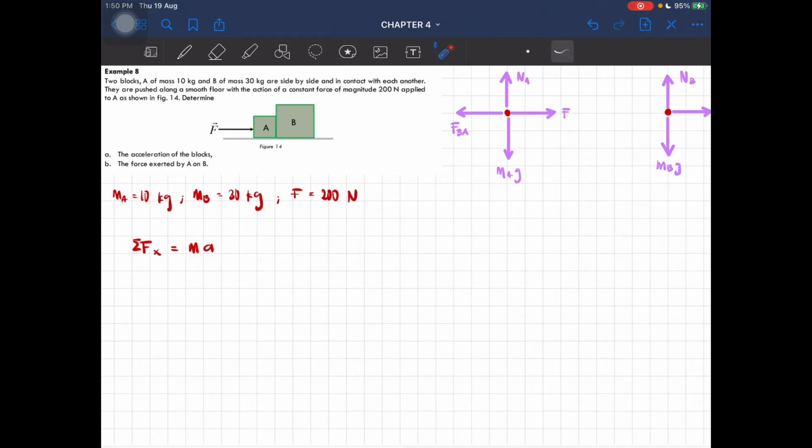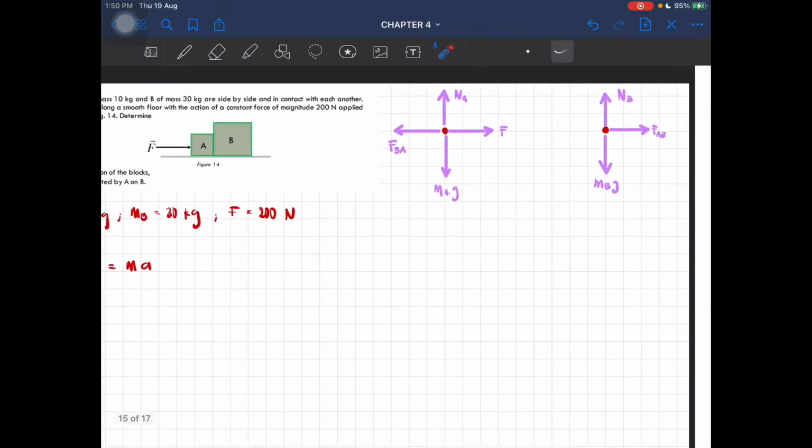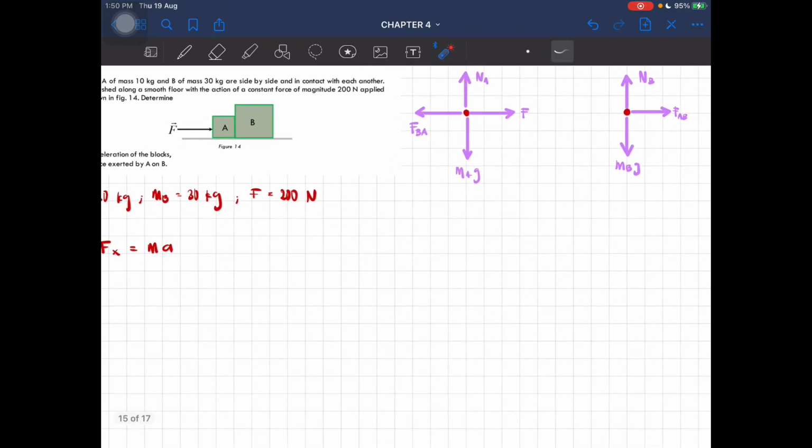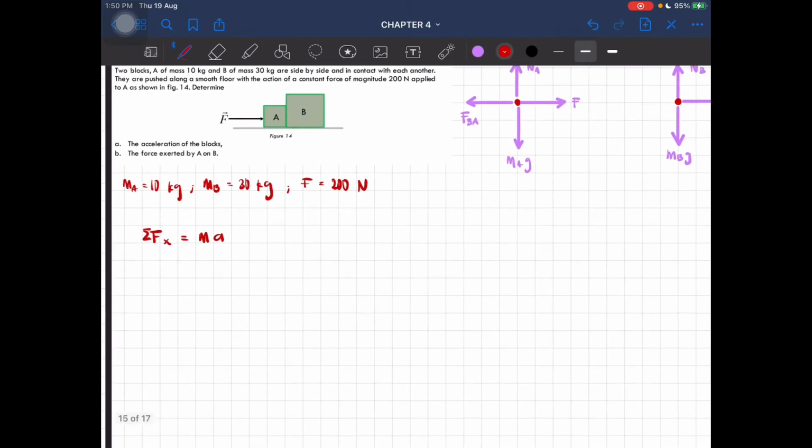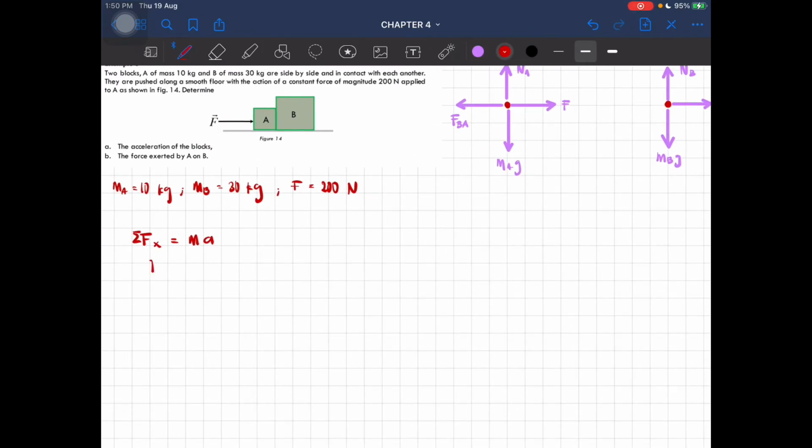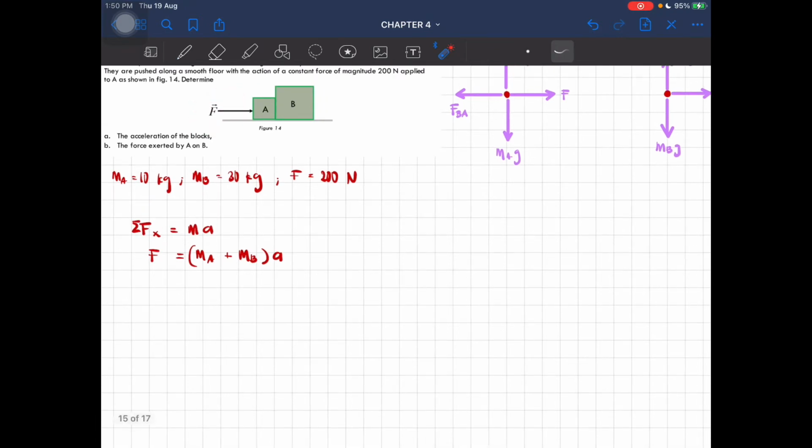If we look at this, we can see there's only one force in the x component, which is this constant force here. Because of that, we can just let F equal to (mA plus mB) times the acceleration. So this constant force is the only force in the x component.